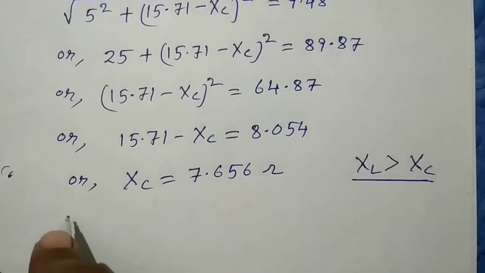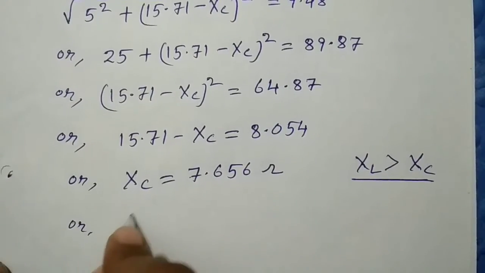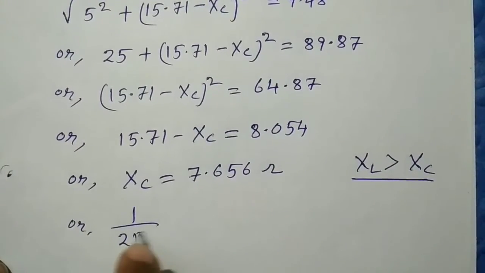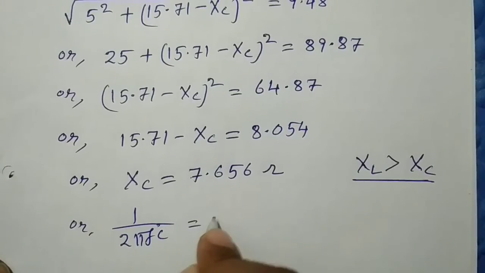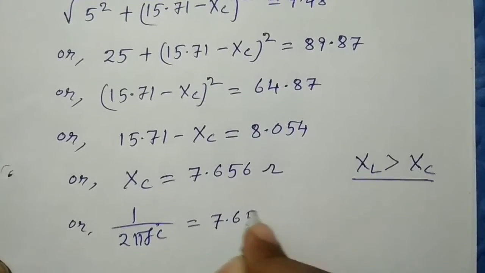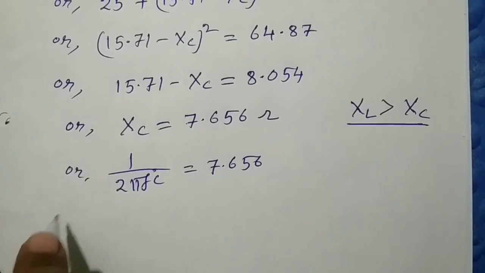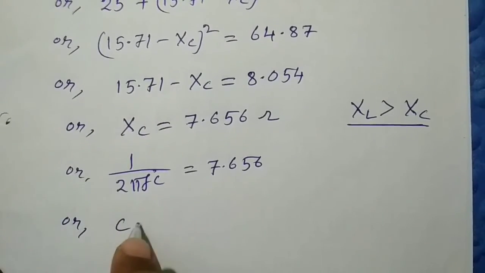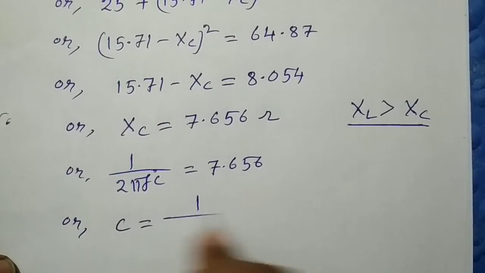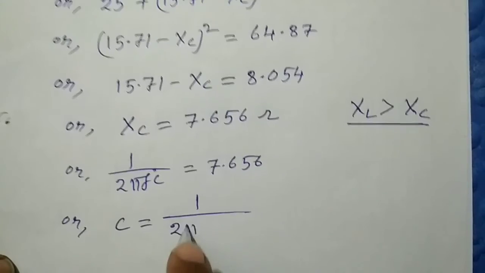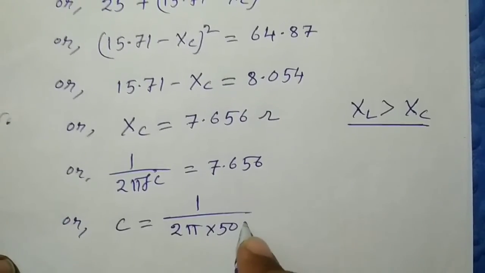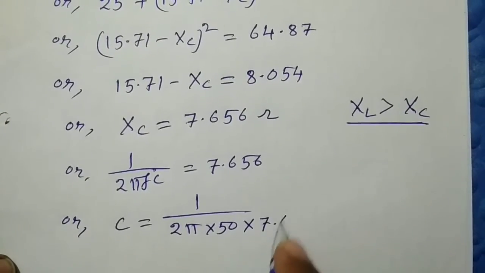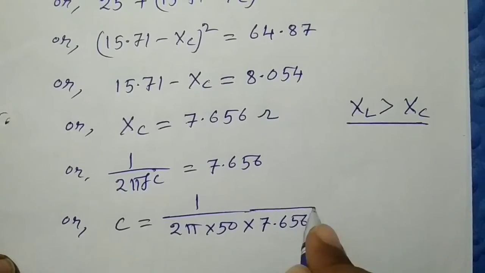We know that the XC is equal to 1 upon 2 pi FC. So it will be 7.656. Or C can be written as 1 upon 2 pi into F into 7.656.